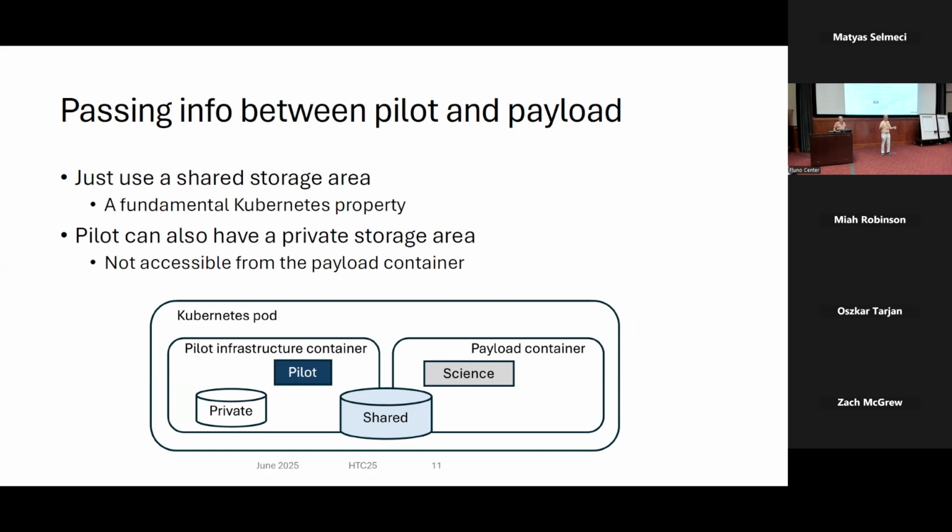In a single pod, you can have a shared area between two containers. 101 of Kubernetes, nothing too fancy. And another useful thing is I can have more than one area, and one I will keep private. So I can keep my pilot stuff that I don't want the payload to see private, and it cannot use it. So, nice protection. So this is easy.